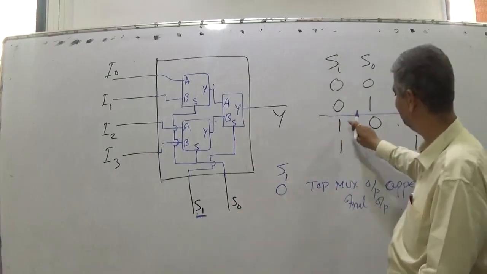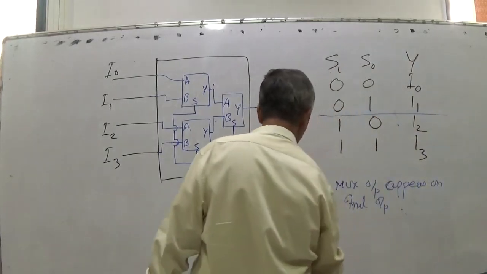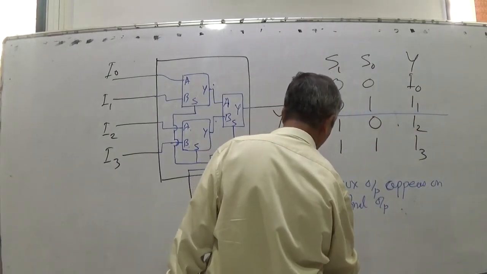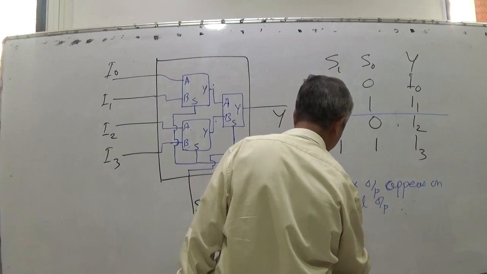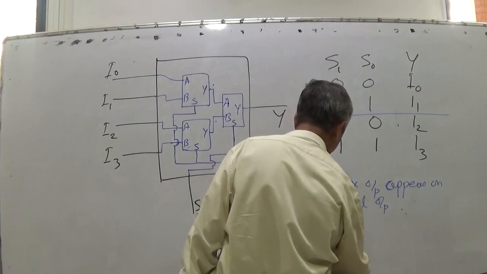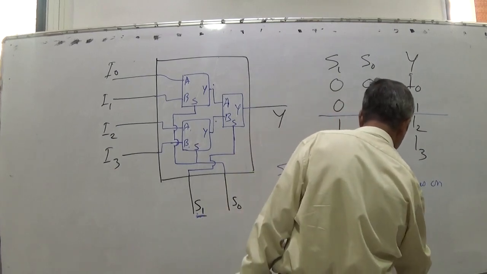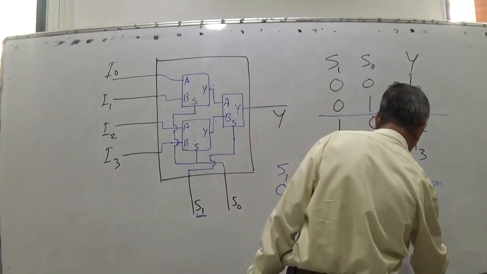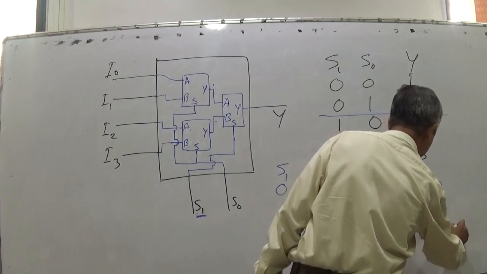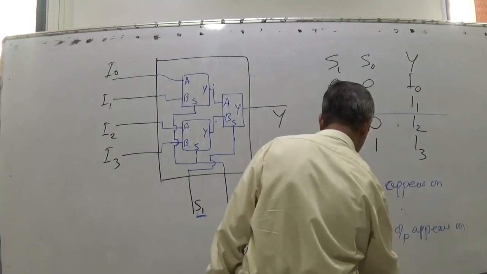When S1 is 1, the bottom mux output appears on the final output.